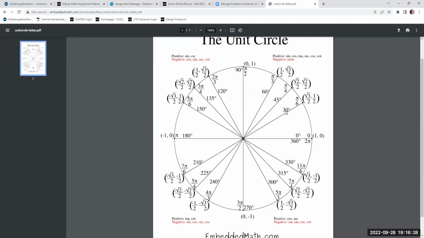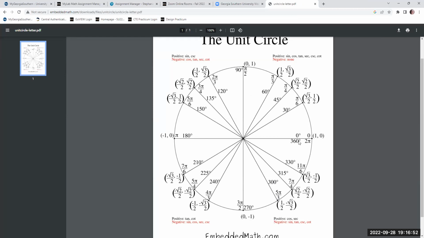So we are looking for y equal to negative square root of 3 over 2. And you can see on the unit circle, this is 5 pi over 3, but you don't want to think of it that way. You want to think of the negative angle. If you come around here 300 degrees, you only got 60 more degrees to go to get to 360.